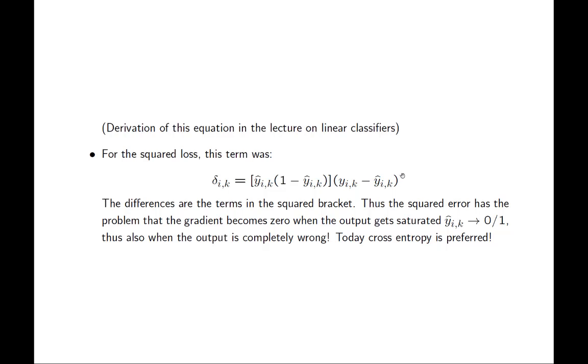So the issue here is that this term becomes 0 not only if you're correct, but also if you're really incorrect, because one of these terms becomes 0, and then the gradient information is lost. And that's the main reason why people don't use the squared error on the sigmoid of the outputs for classification anymore. They use the cross entropy cost function, which gives you better performance in the training process.